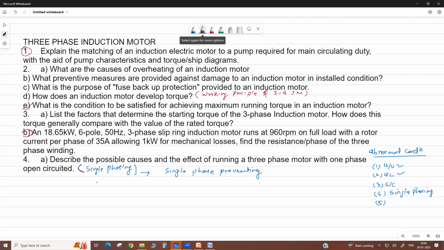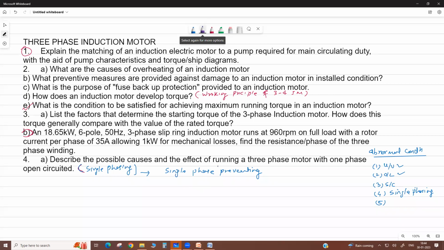Suppose it has a star delta or DOL starter, and one phase fuse is gone. Maybe one phase of the breaker is not closed properly, one pole is open. Maybe the terminal of that particular phase is loose. These are the causes of single phasing.